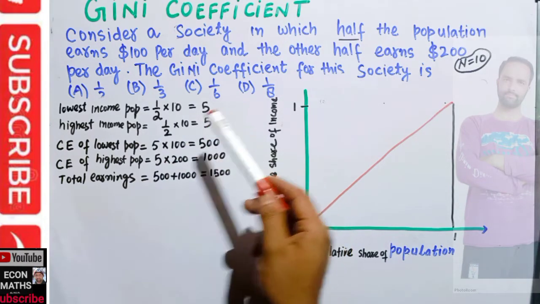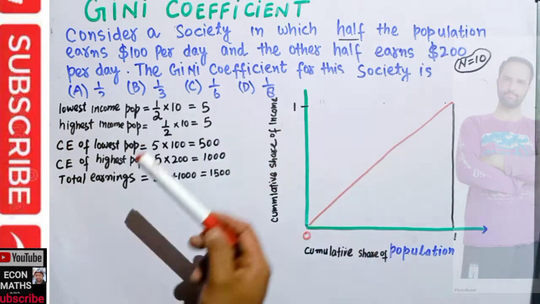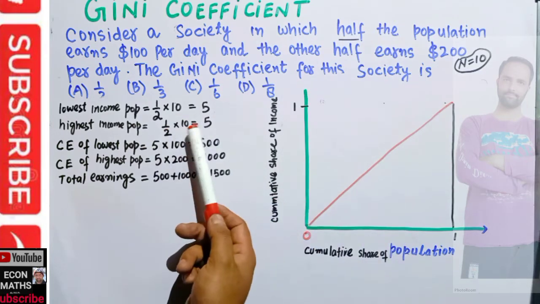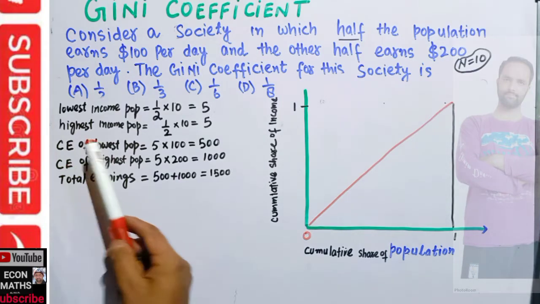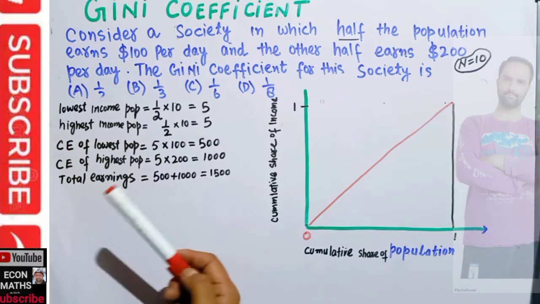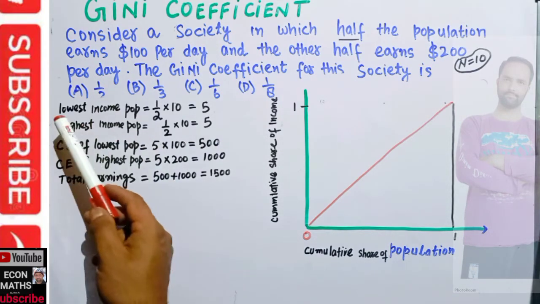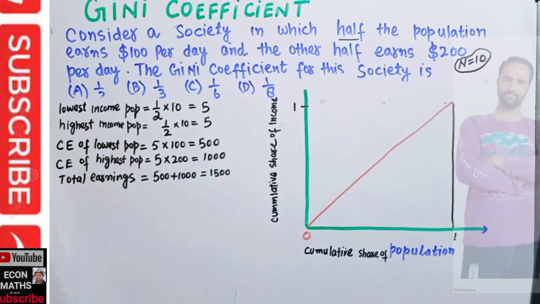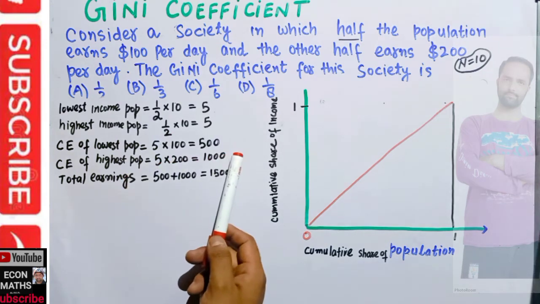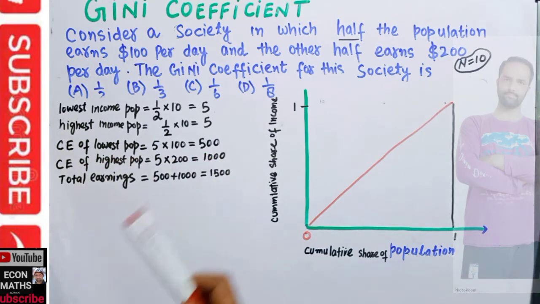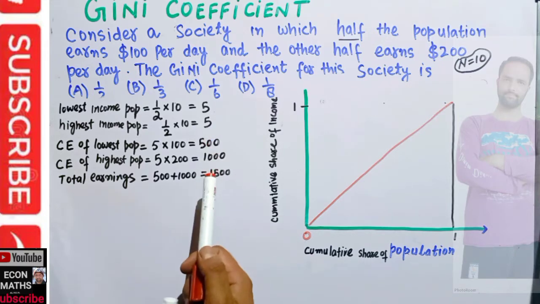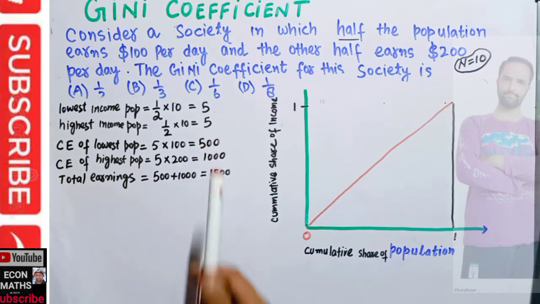Then the number of persons who earn $200 will be one half times the number of persons in this society, which is equal to 5. Then cumulative earnings: number of persons in the lowest income times the income they earn, that is 5 into 100, which is 500. Similarly we get the cumulative earnings of the highest population, which is 1000. Then total earnings in this population will be 500 plus 1000, the addition of these two gives us 1500 here.